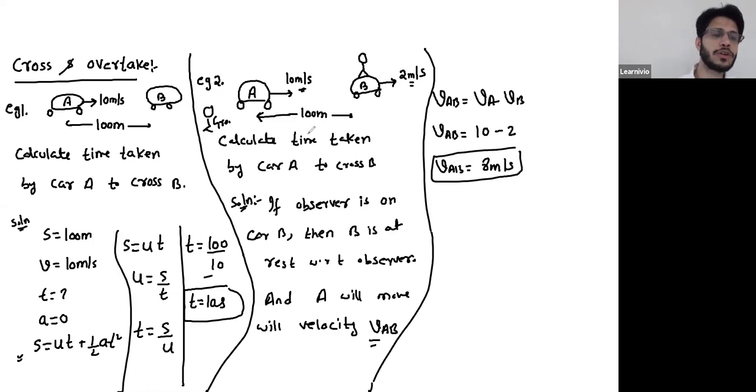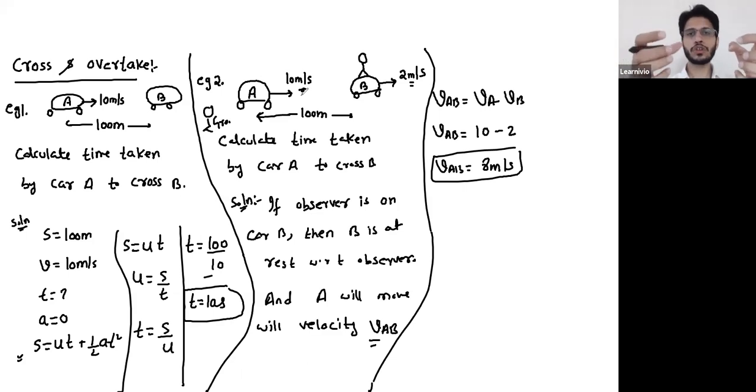Okay, Noor, can you calculate the distance that car A needs to travel to cross B? The displacement covered by car A to cross car B. Can you calculate that displacement, or is it given in the numerical? No, it's given, 100 meters. It's 100 meter, right? Because if both the cars are in motion, the distance between the cars will increase.